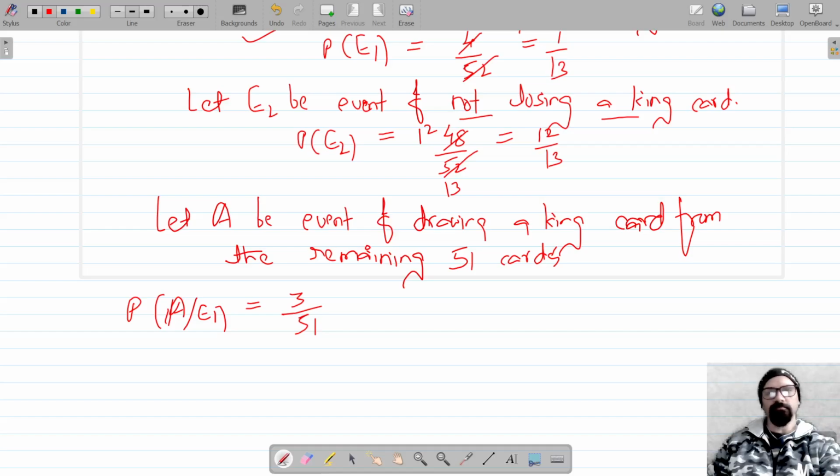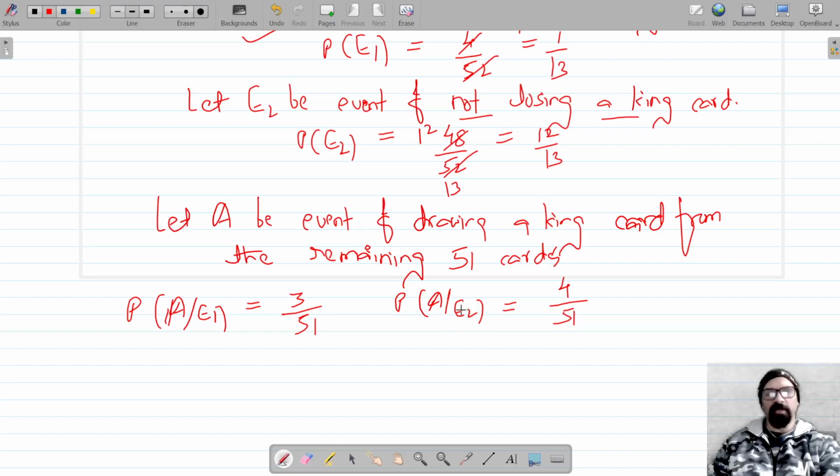Now let's find out the probability of getting a king card when a king card is not lost. A card is lost, so the remaining cards are 51. Now we have to get a king, but the card lost is not a king card. So we have a total of 4 king cards, so 4 out of 51.